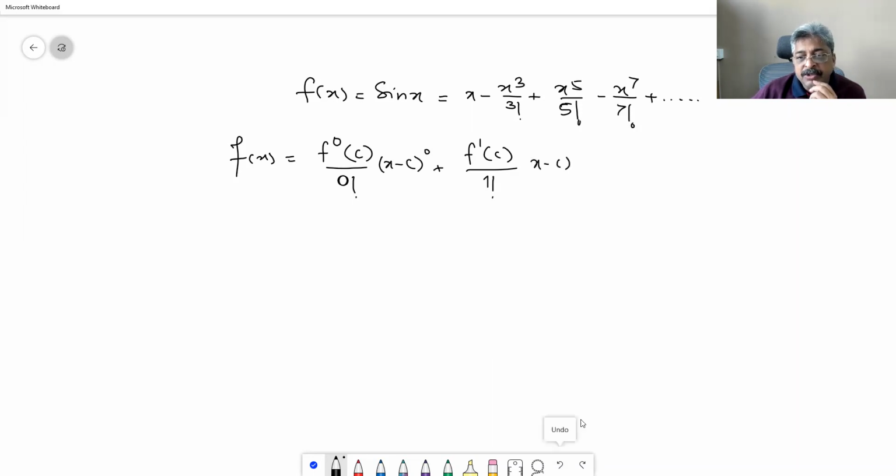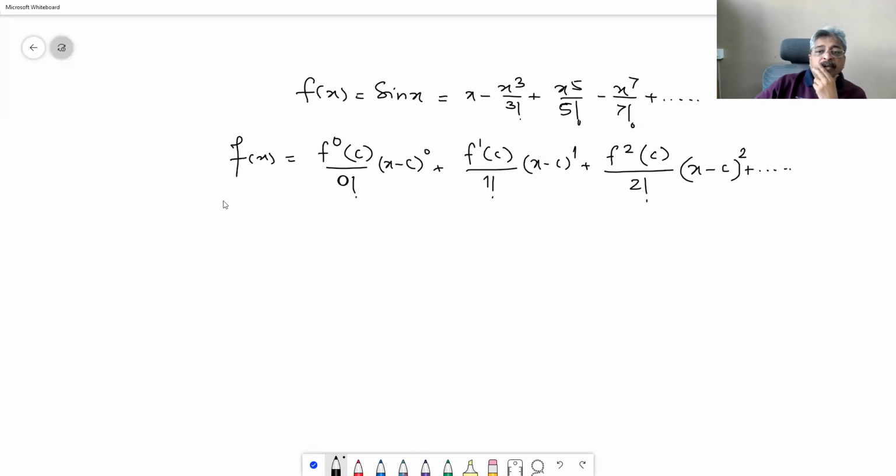Every time it is going to give it. Plus second derivative evaluated at c upon 2 factorial into x minus c raised to 2 and so on. In case of sine x, we considered the base point x equal to c.